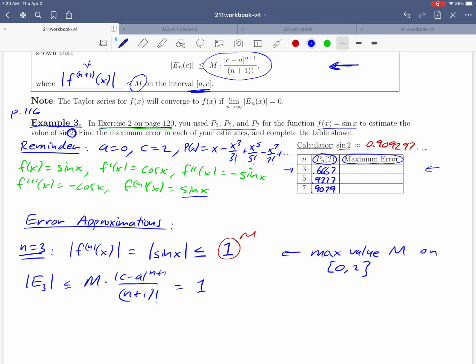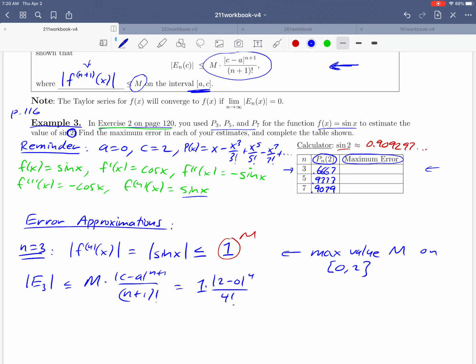So up above we got m equals 1. We know that c and a are 2 and 0. And n is equal to 3, so those n plus 1s are going to turn into 4s. So we have to calculate 1 times (2 minus 0) to the 4 over 4 factorial.